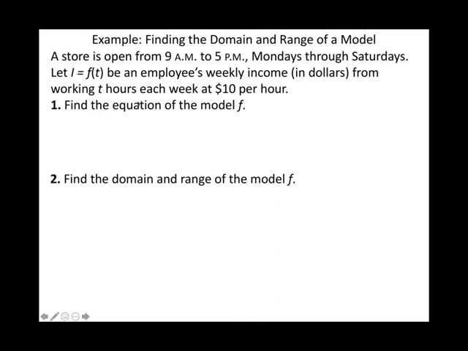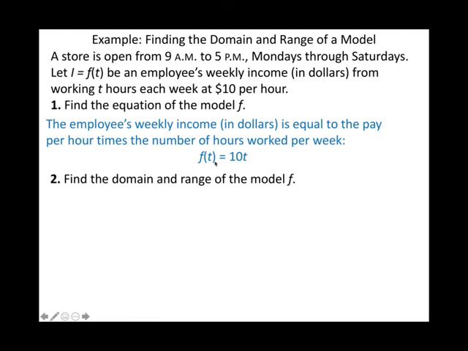They're working t hours each week at $10 per hour. So that means if you're working 1 hour, you're gonna get $10. 2 hours, you're gonna get $20. 3 hours, you're gonna get $30. So right now you're working t hours, so that will be f of t equal to 10 times t.